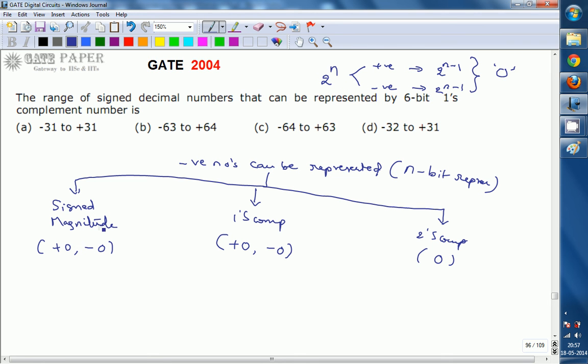Whenever there is both a positive 0 and a negative 0, the range using n bits will be from minus of 2 power n minus 1, minus 1, to 2 power n minus 1, minus 1. I will write it again.